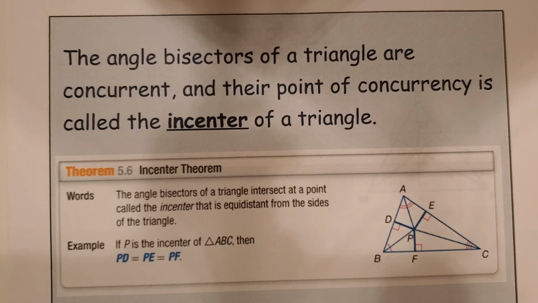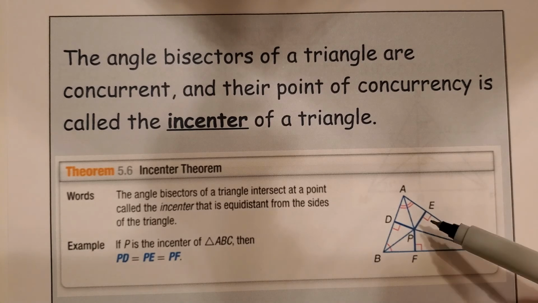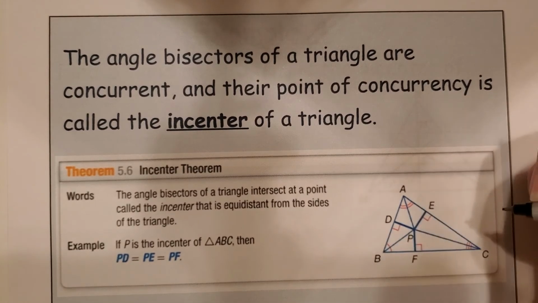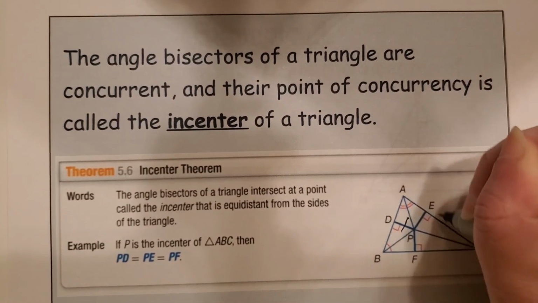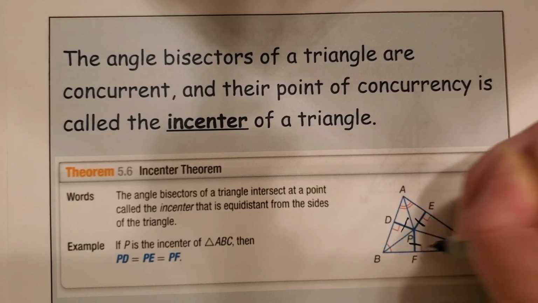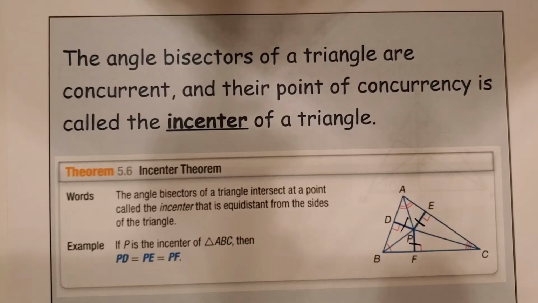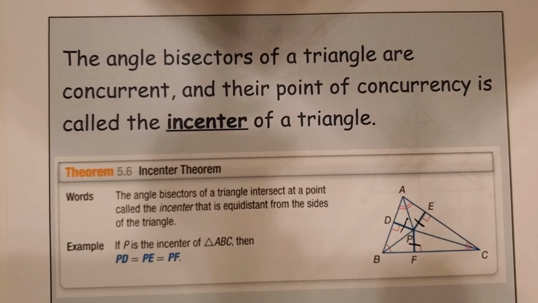The incenter is equidistant, not from the vertices, but from the sides this time. So what that means in terms of this picture is that PD is congruent to PE, which is congruent to PF. All right. You have to be careful of the difference between circumcenter and incenter, perpendicular bisector versus angle bisector.